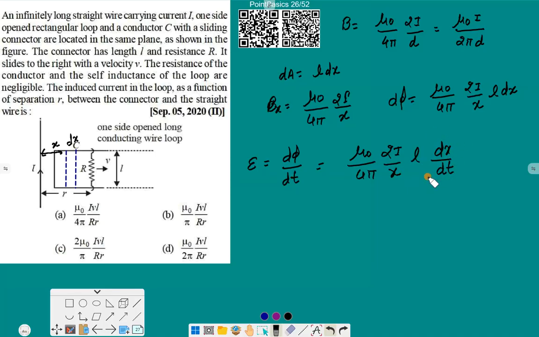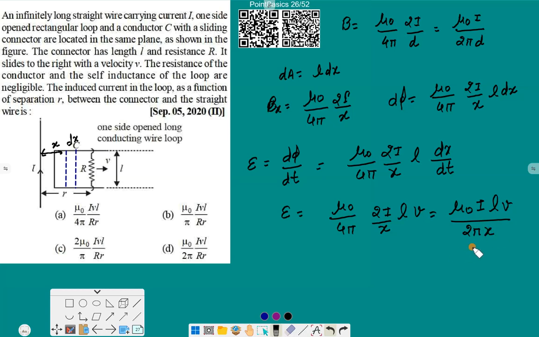Now dx by dt is the velocity of this small element moving to the right side, or velocity of this conductor. So our induced EMF will become mu naught by 4 pi into 2I by x into L into v, and we can write it as mu naught I L v by 2 pi x.